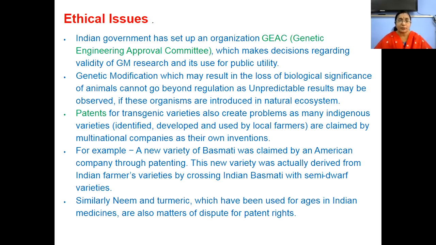Now these multinational companies will first come and study these varieties, take these varieties and then produce new varieties by breeding or any other technique, and then they will claim that it is their own invention. So if they apply for a patent, then we will also have to pay them to use normally what we have been using for centuries.